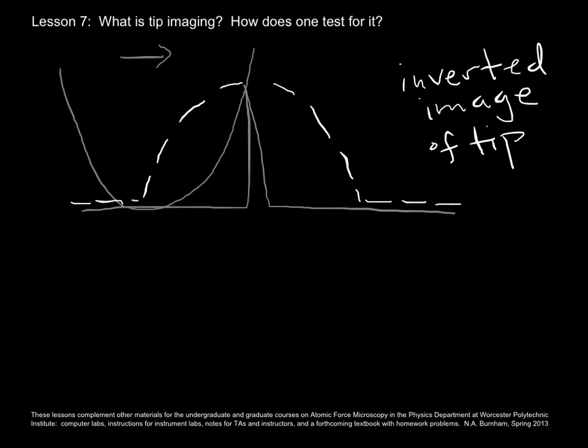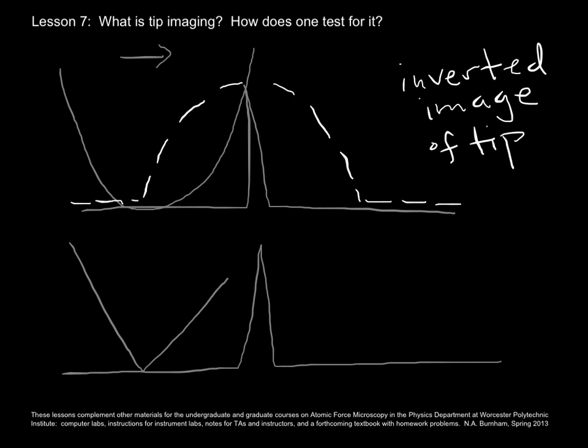Let's return to our original slide, that of the inverted image of the tip. And after having seen these several slides on tip imaging, you might be feeling discouraged right now. But let me assure you, as a computer scientist would say, it's not a bug, it's a feature. So in other words, there are some positive aspects to this.